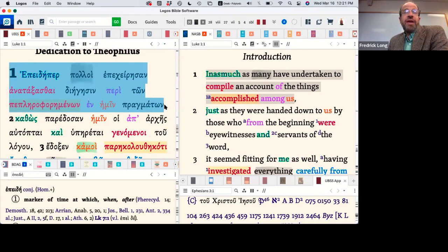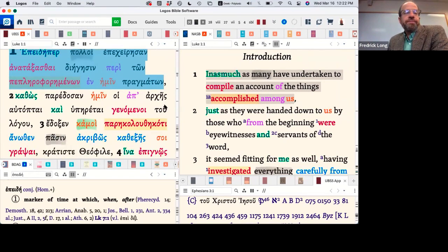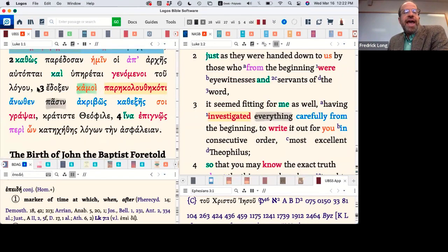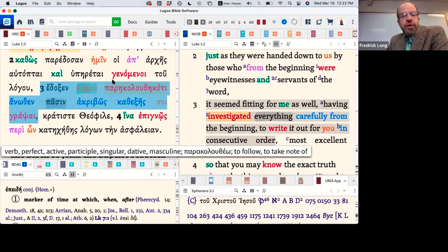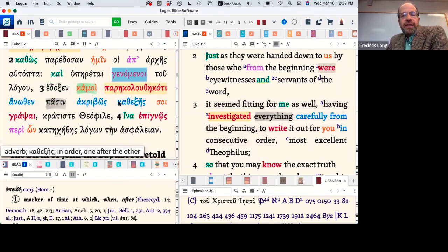In fact, many have undertaken to write up an orderly account, the narrative. And so he's adding to this growing literature, this growing undertaking, and he is profiling what he's doing by the modifiers accurately, akribos, and then in an orderly fashion.